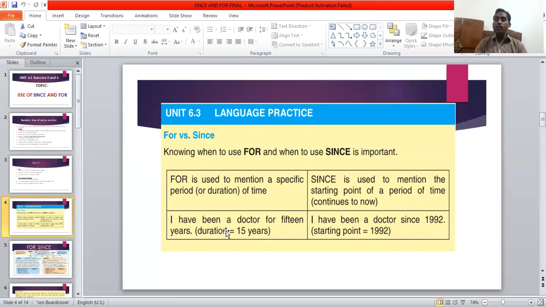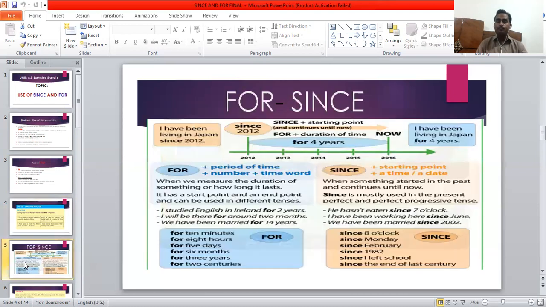For example, I have been a doctor since 1992. Here the start point is 1992 and we don't know till what period of time I am a doctor. I haven't said from 1992 to 1995 or for 3 years. So we know the start point, so we use since.